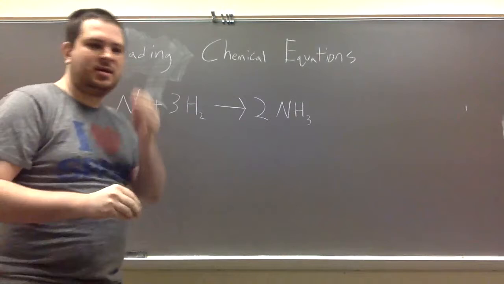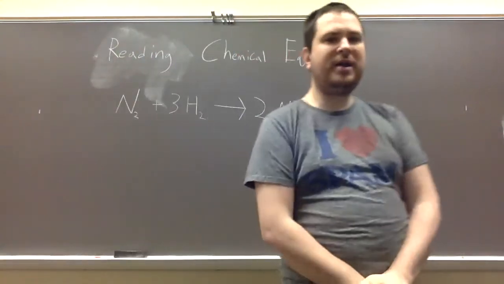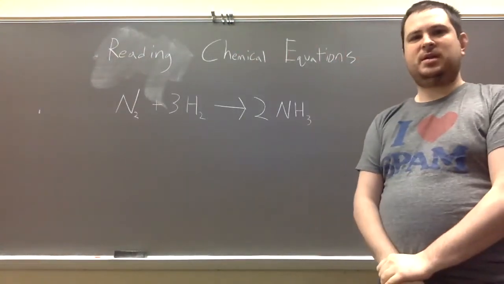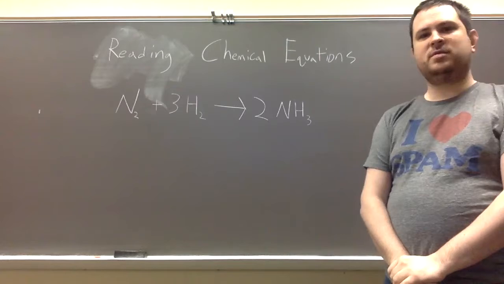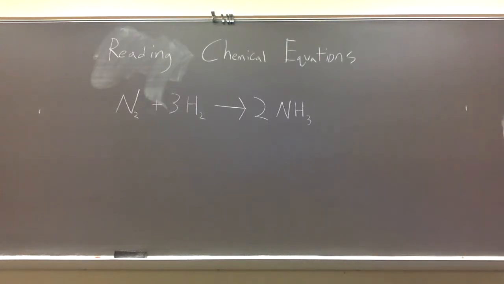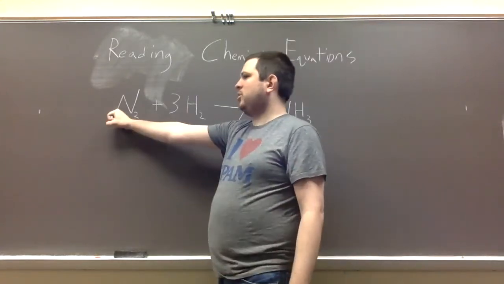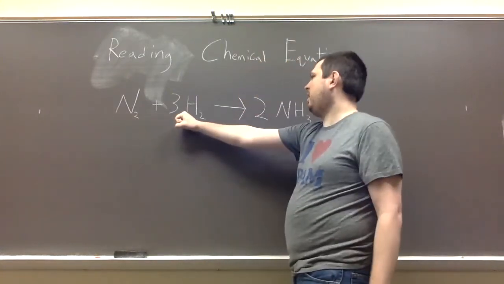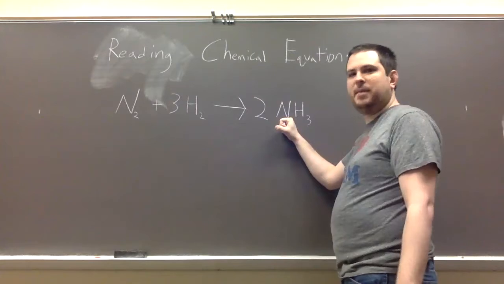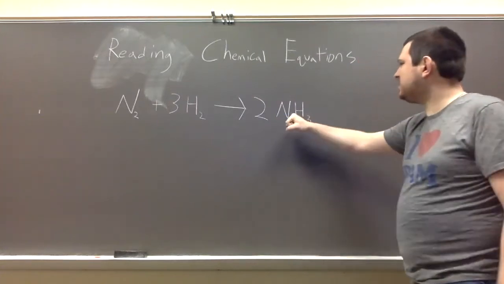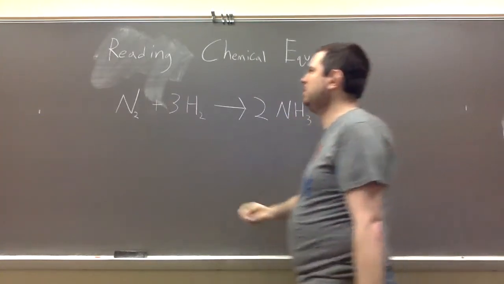First is, when I give you the periodic table, one of the parts of it is the chemical symbol. That becomes important because when we do chemical equations, like we have here, we're not going to write out the word nitrogen. We're not going to write out the word hydrogen. We're not going to write out the word ammonia. We're going to use the symbols of what they're made of.